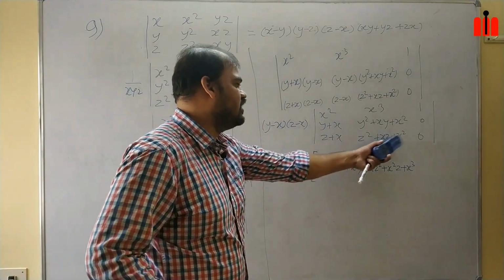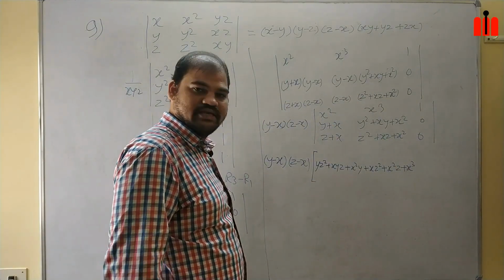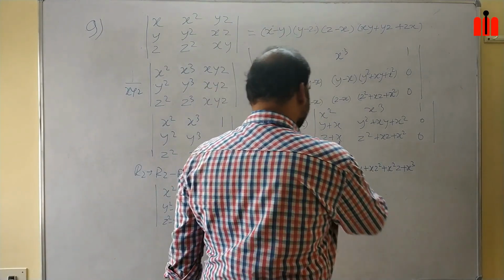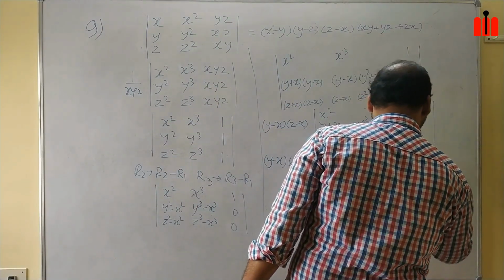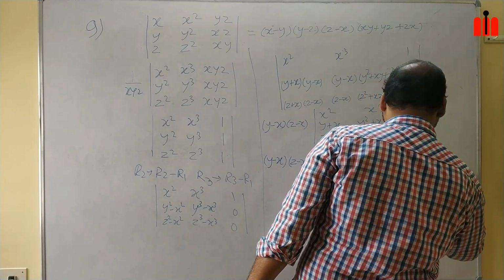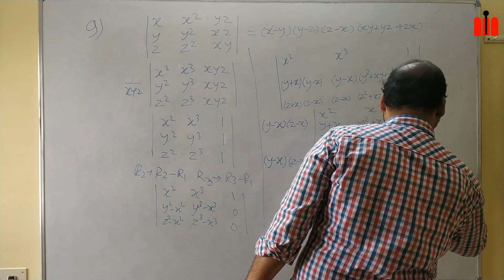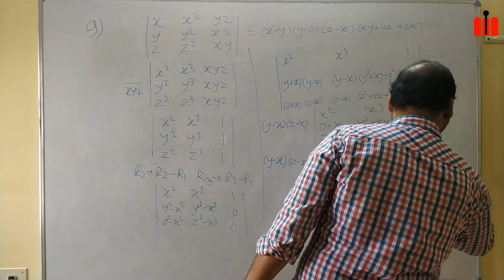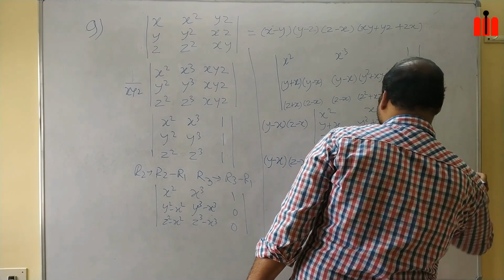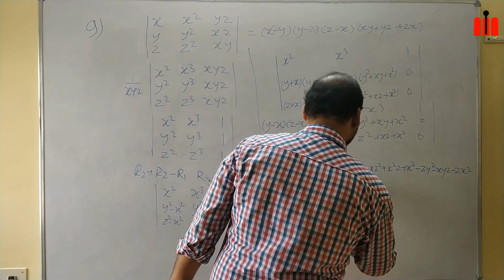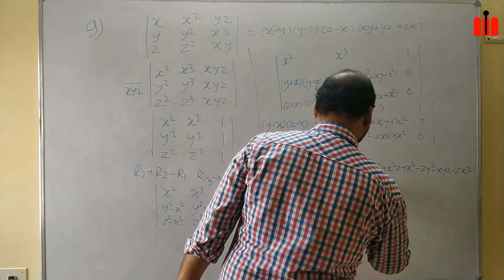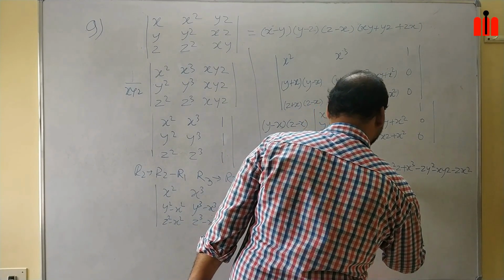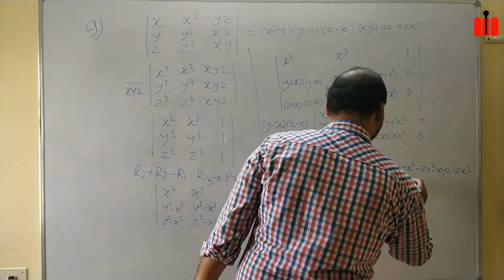So y plus x I multiplied with z square plus xz plus x square. Now z plus x I will multiply with this, then it will become minus zy square minus xyz minus zx square minus xy square minus x square y minus x cube.